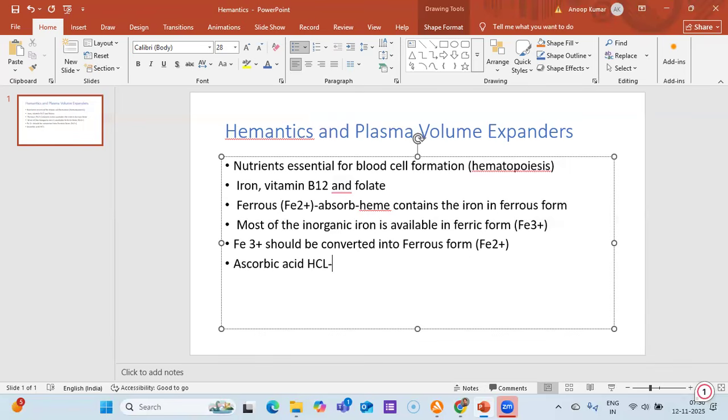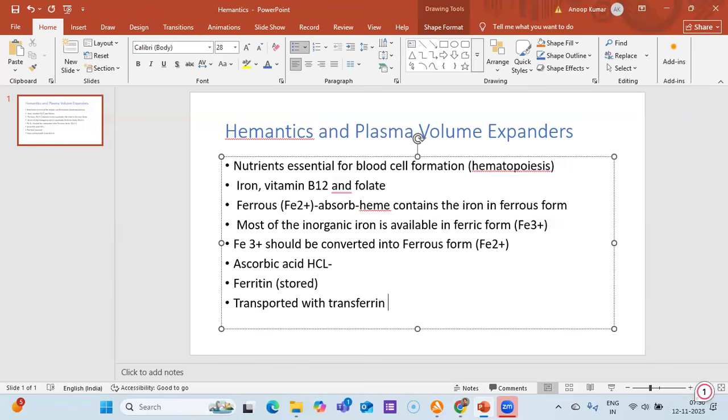So after absorption, iron can either be stored as ferritin, or it is transported with transferrin. So it can be stored as ferritin, or it can be transported with transferrin, right?